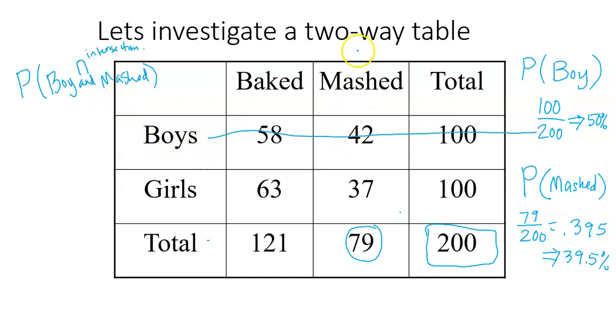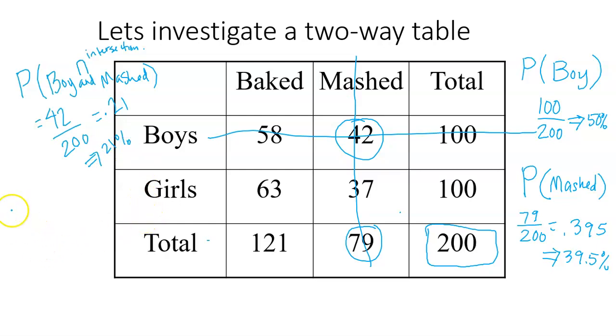I look at mashed, I go down. That intersection right there where they intersect, that is the number that we want on the top of our probability. And then it's always going to be out of the total number of people. So 42 out of 200 would be 0.21, which is 21%.